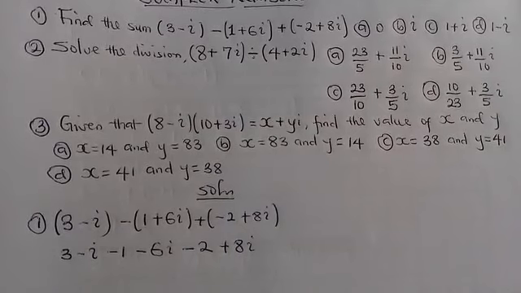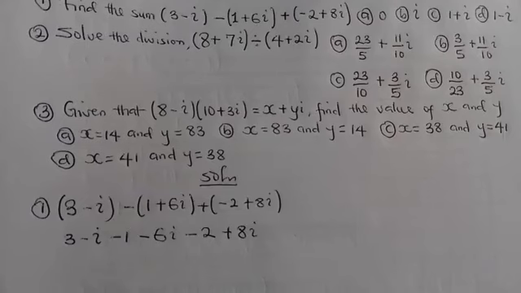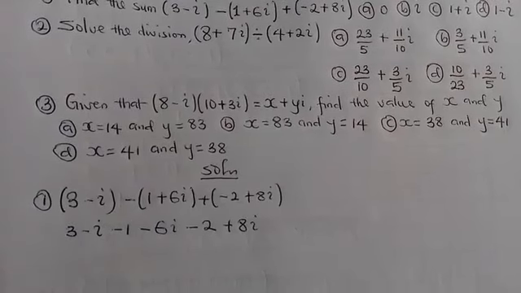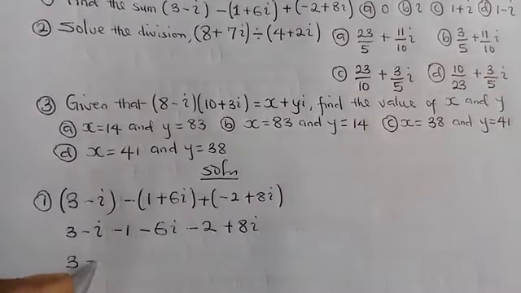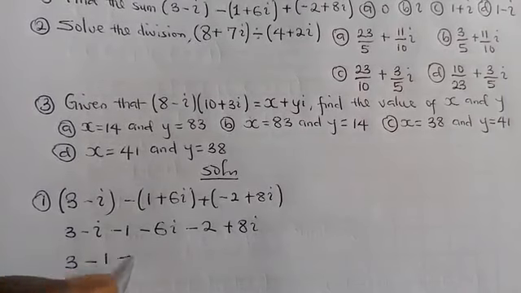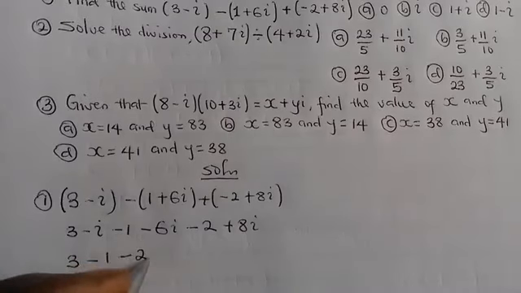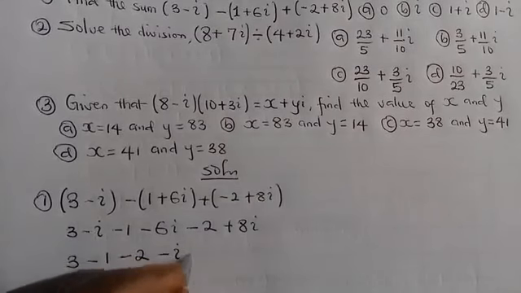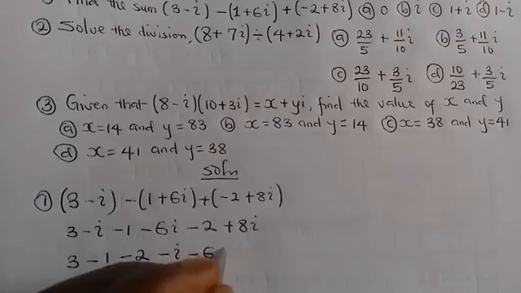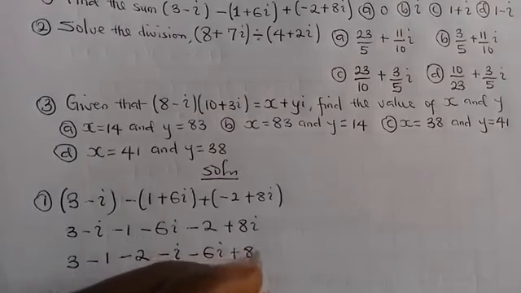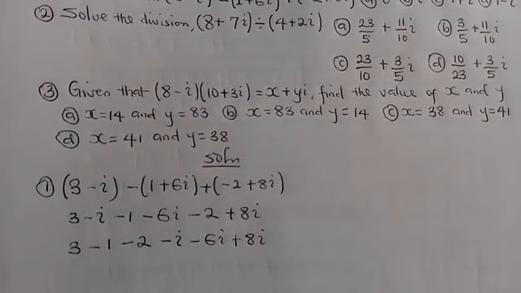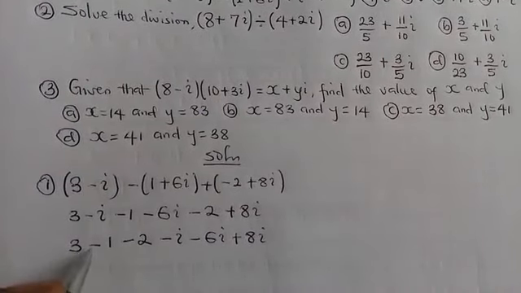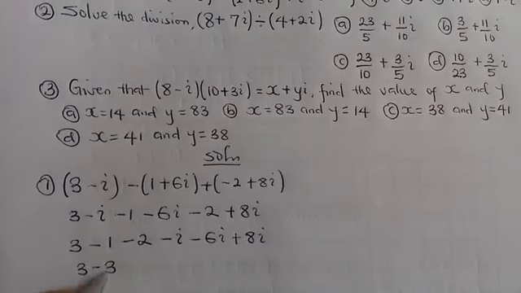So, at this point, we'll separate real parts and imaginary parts. That's going to be 3 minus 1 minus 2. Then we'll focus now on the imaginary parts, which is minus i for this first one, minus 6i, then plus 8i. 3 minus 1 minus 2 is 3 minus 3.